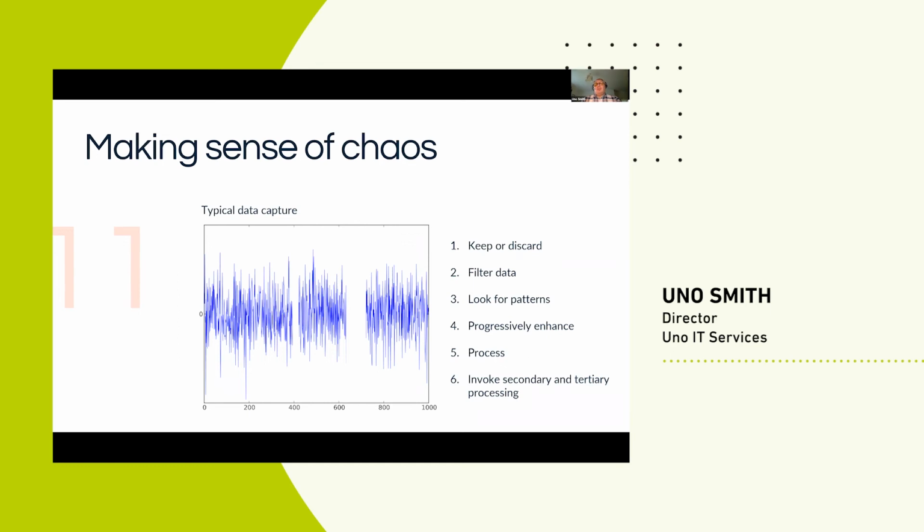It really becomes practical to use when you start filtering the data and applying useful data transforms. Depending on the types of data you work with, often things like the fast Fourier transform, or a number of filter sets, give you the capability to analyze the data in a simpler way. That allows you to then look for patterns, and eventually to progressively enhance the information as well.